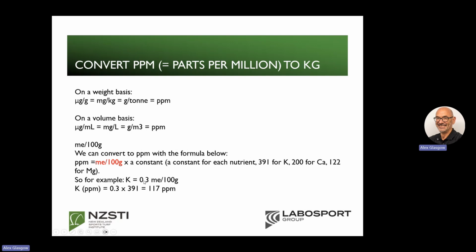Potassium equals 0.3 milliequivalents per 100 gram. That's the number from the soil test result. Potassium in parts per million is 0.3 times 391, gives an answer of 117 parts per million. So that's how you convert the milliequivalents number into parts per million, which is a more useful number for us to use.